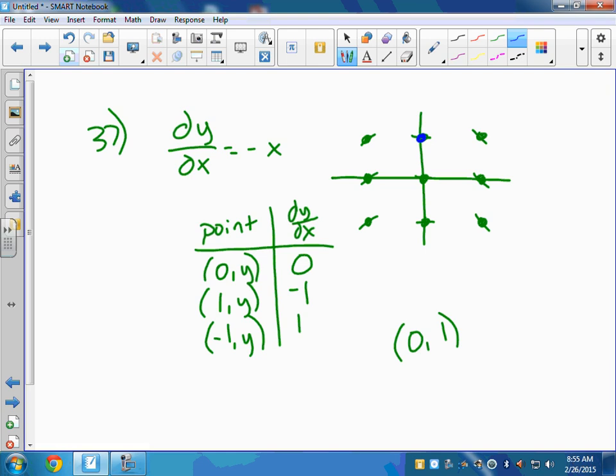It's just like solving the differential equation. I could say, solve this differential equation given the point 0, 1. You could integrate it, and you could find what C is using this point and get me the actual function.